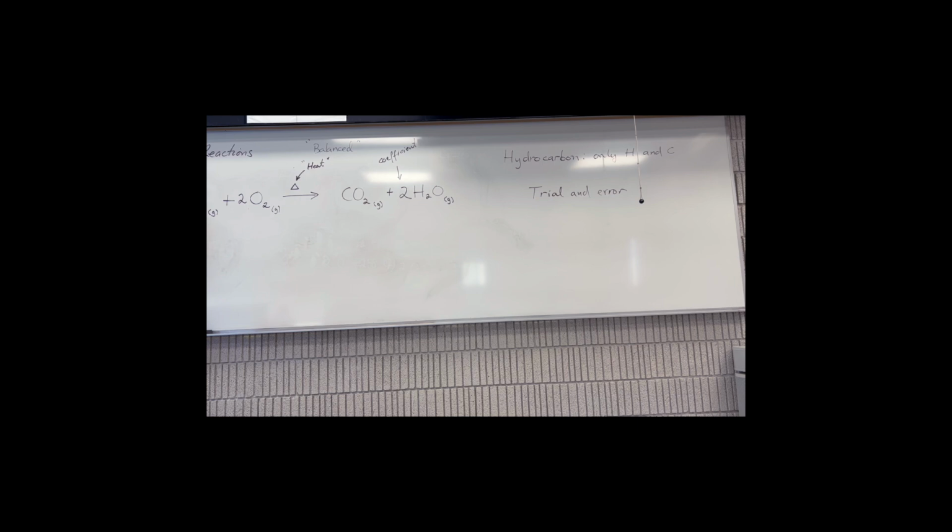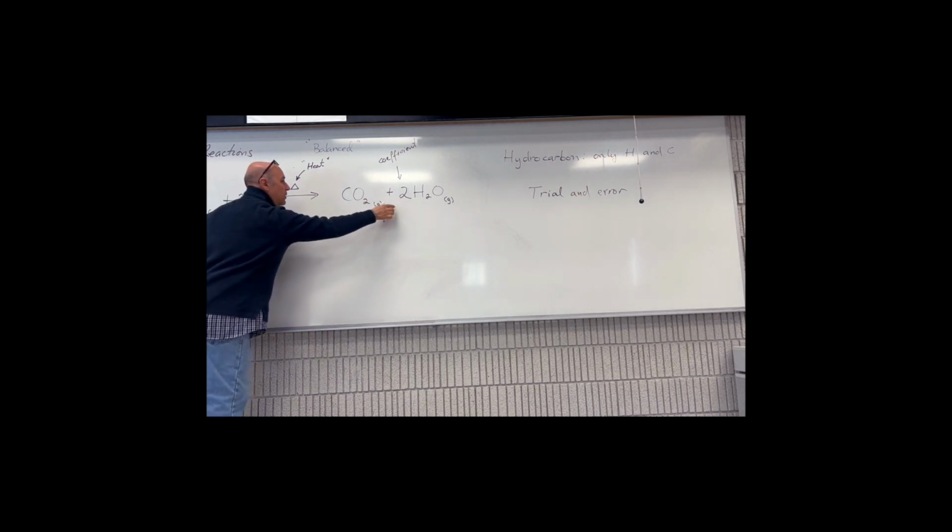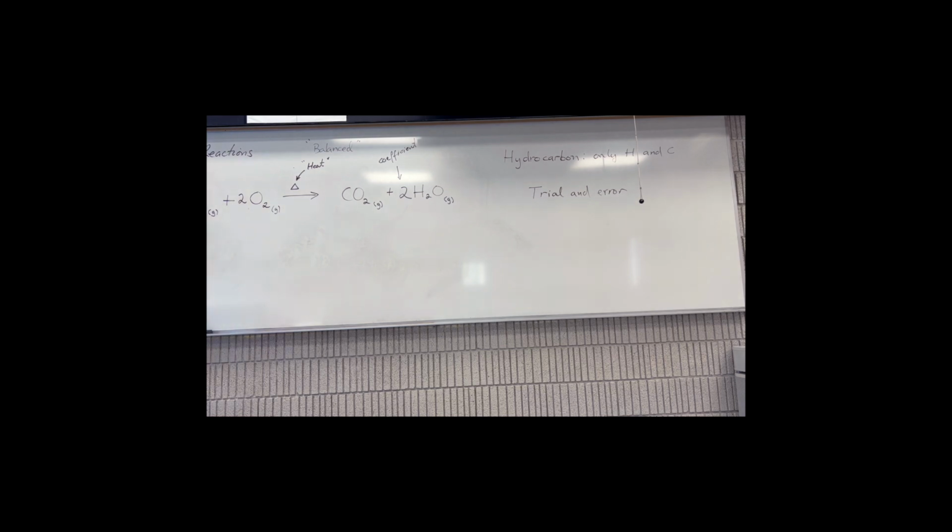But if I change the amount and I want this to be balanced, not have anything left over, not need anything more, I have to do whatever I'm going to do right now to everything. So let's say that instead of burning 1 mole of propane, I want to burn 5 moles of propane. So I'm going to put a 5 here. I need to multiply everything by 5 to keep it balanced.